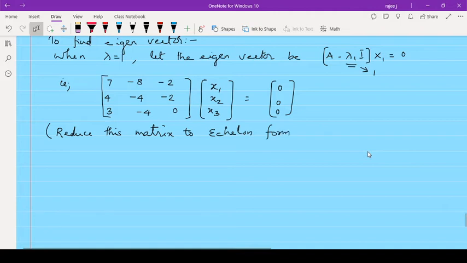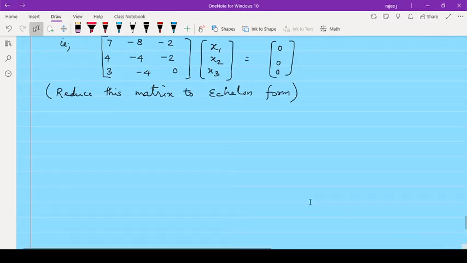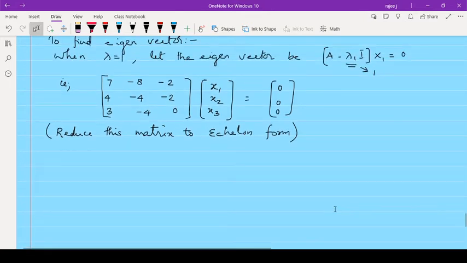Echelon form means you will reduce the last row to 0, then the second row. Means you bring the maximum possible zeros, keeping the maximum number of zeros in the last row. Now, why are we doing this? After finding the echelon form, you will get the rank of this matrix. Then, getting the rank of the matrix, you can say how many independent vectors will be there. So, first of all, you will reduce this to echelon form.